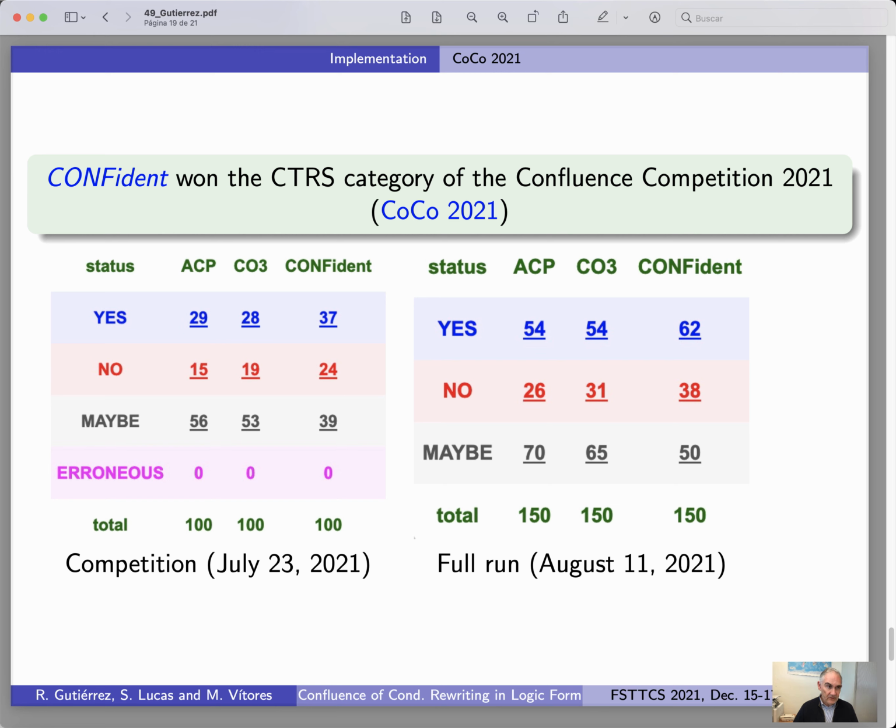Concluding this presentation, we can summarize our contributions as follows. We have presented a framework for the analysis of confluence of conditional term rewriting systems. We uniformly deal with different kinds of conditional systems. Computations are modeled as provability in an appropriate inference system, also as deduction in a first-order theory.